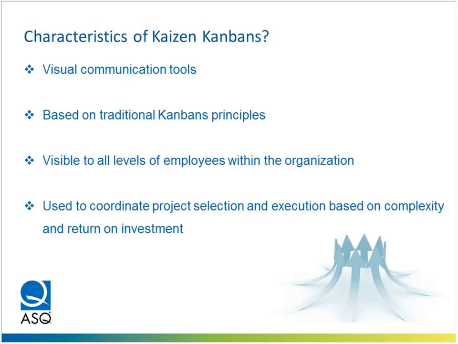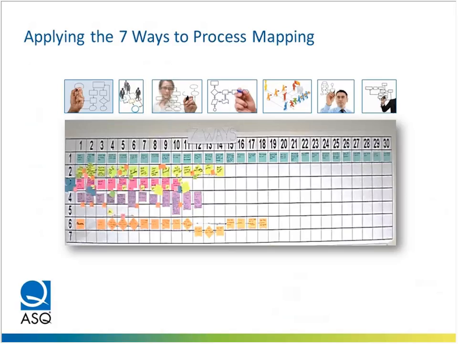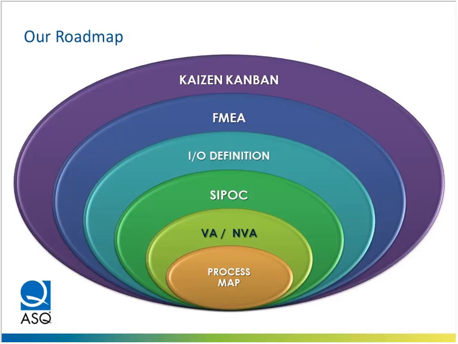How would we accomplish this? As I mentioned earlier, a Kaizen Kanban not only is the output, which is the communication board on the wall, it's also the process to get to that output. And that process is constituted of several tools. And these are the tools that we will be following.